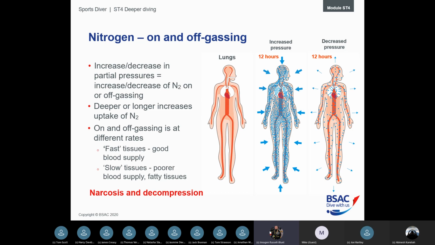If you're increasing the partial pressure of a gas, more nitrogen will be absorbed into tissues. A higher pressure of nitrogen in what you're breathing, and the higher pressure around you, is going to force the nitrogen into your tissues. So you're going to be on-gassing more. But if you've got a low partial pressure of nitrogen, a low pressure around you, you're going to be off-gassing, which happens when you ascend.